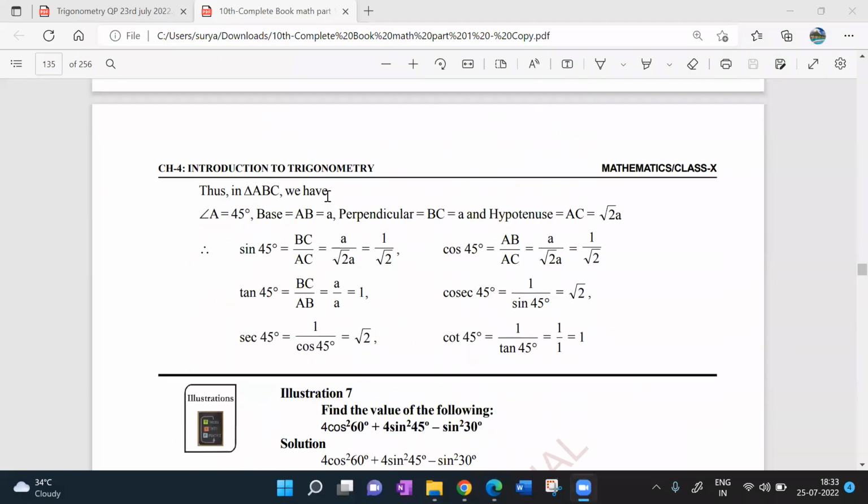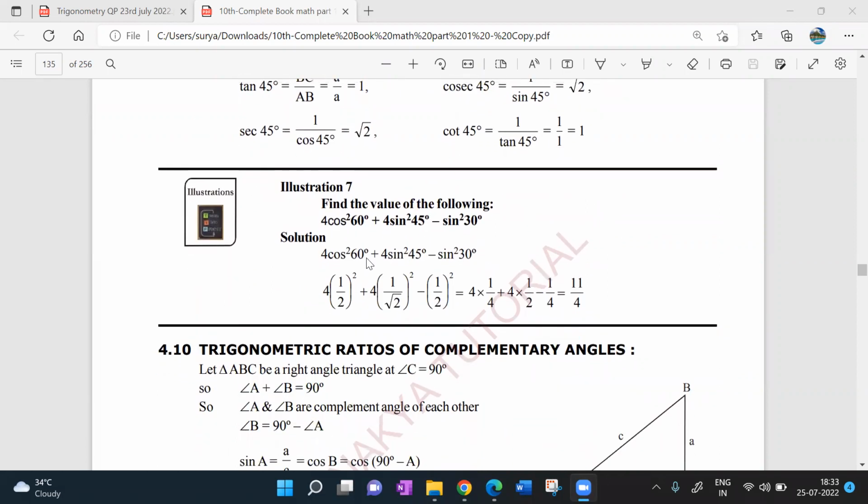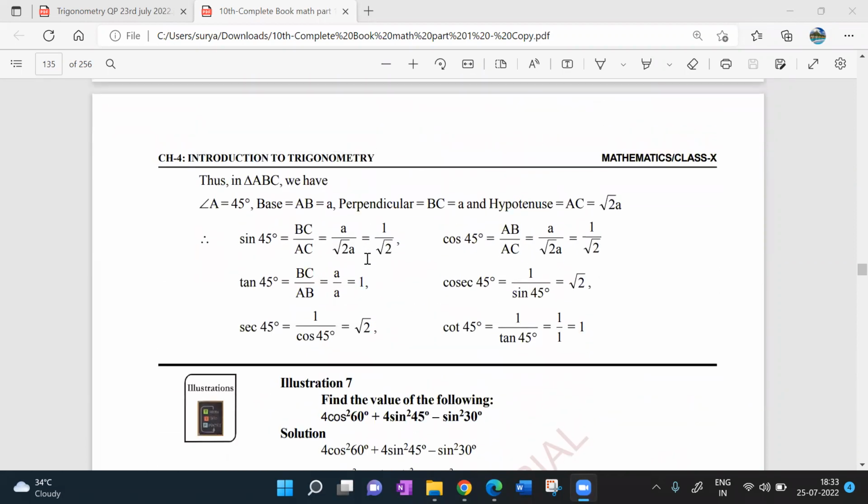He has given 45 degrees answers: sin 45, cos 45, tan 45, cosec 45, secant 45, cot 45. Next he is asking us to find out the value of this.